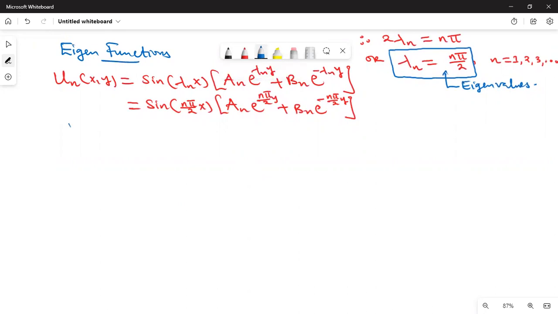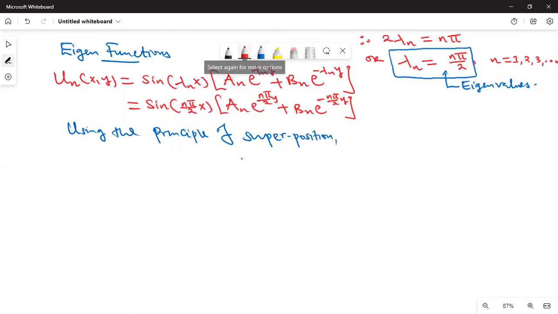So, using the principle of superposition, our solution u of x, y is equal to the sum from n equals 1 to infinity of u sub n of x, y. When you sum all the eigenfunctions, you get your solution u of x, y.